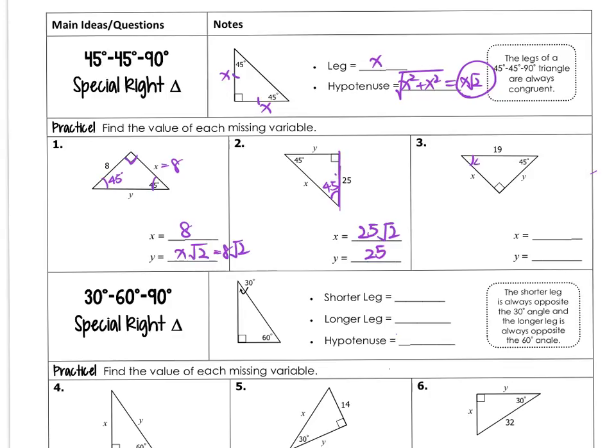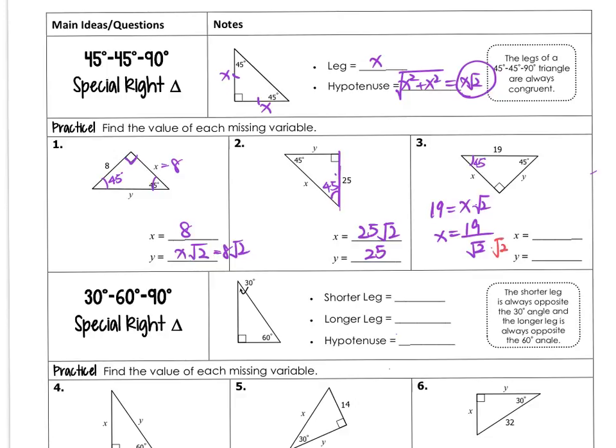Over here is 45, so now my x and y are the same, but my hypotenuse is given. The hypotenuse is always one leg times root 2, so my x would be 19 over root 2. How do you simplify this? A root customarily cannot be in the denominator.